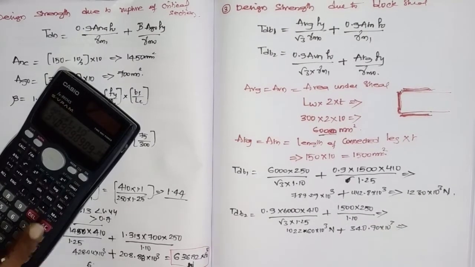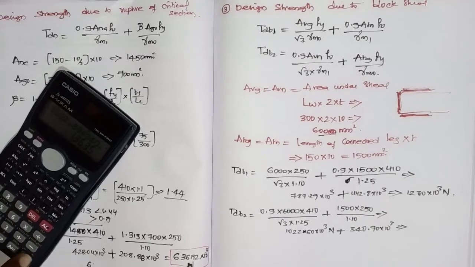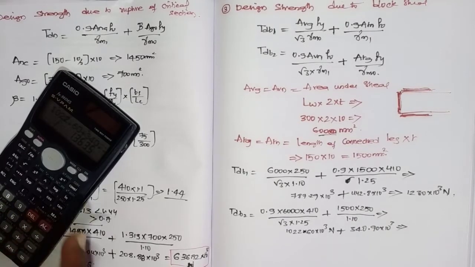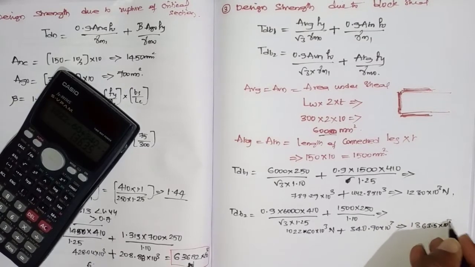Overall you are getting 1022.60 plus 340.90, so how much is it? Around 1363.5 into 10 power 3 newtons.